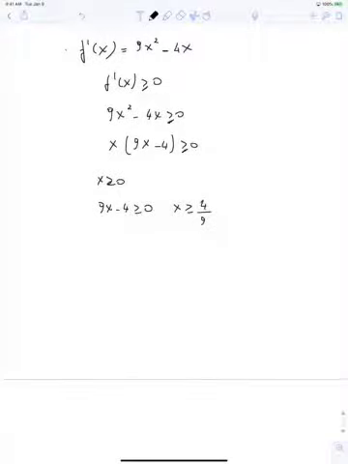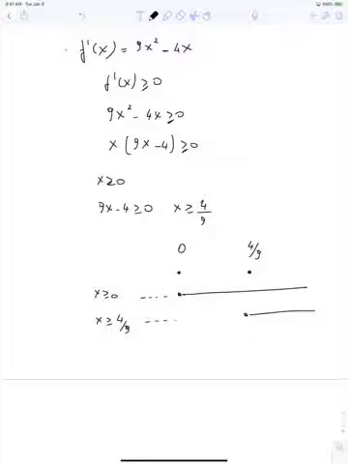Okay, so we're going to plot them with our usual graphical representation. Here we have 0. Here we have 4 divided by 9. Okay, x greater than or equal to 0. It means that the derivative is positive here and negative here. X greater than or equal to 4 divided by 9. It means that the derivative is positive here and negative here.